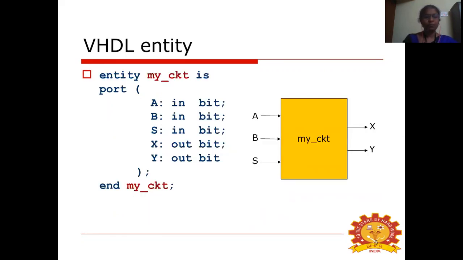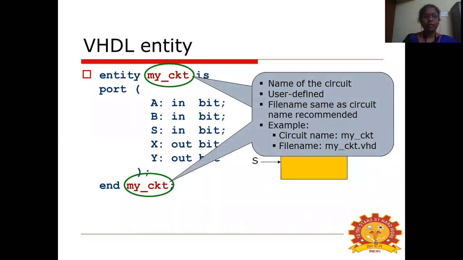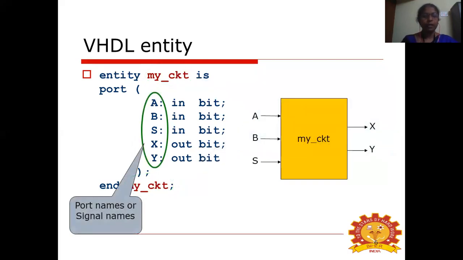VHDL entity. The entity is represented with its name, my_circuit. my_circuit is a user defined name. It is better to use the entity name and file name as the same. A, B, S, X, Y are signal names, or they can be called port names.